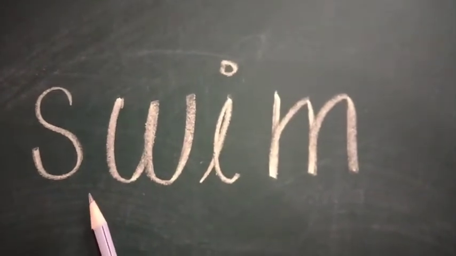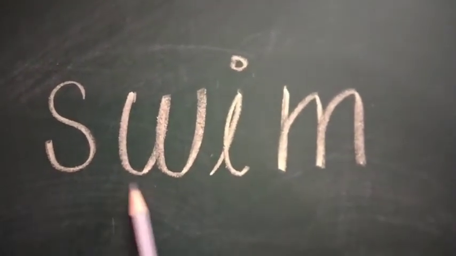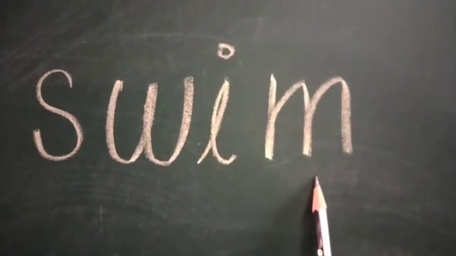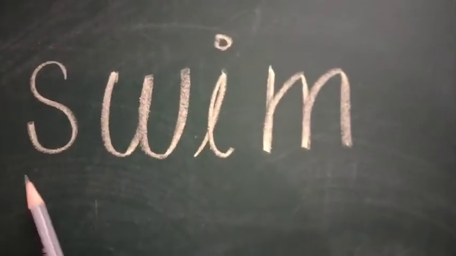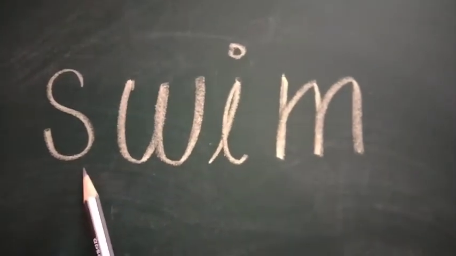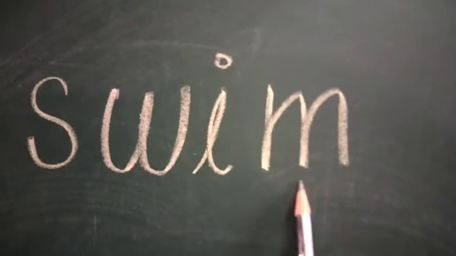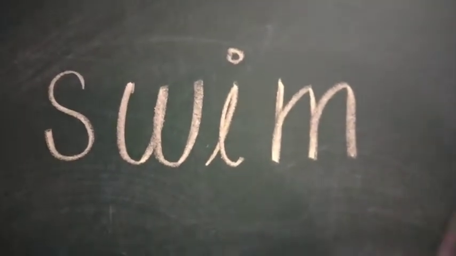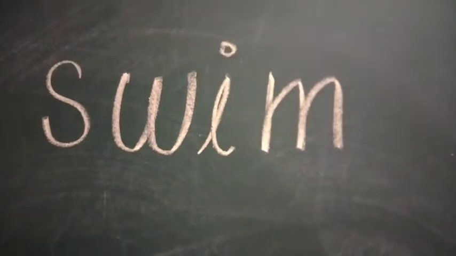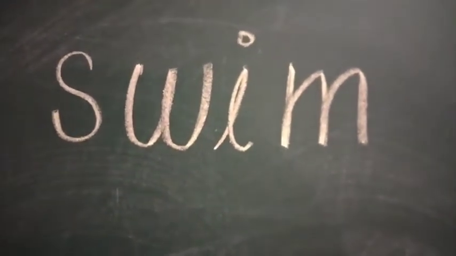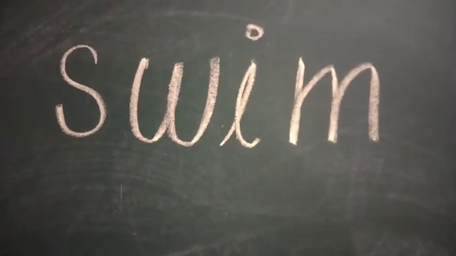Beginning sound sw, middle sound e, end sound m. A little faster, join all these sounds together. Sw, e, m. Swim. Swim. Repeat it again. Swim. Like this, try to read this word again by yourself.